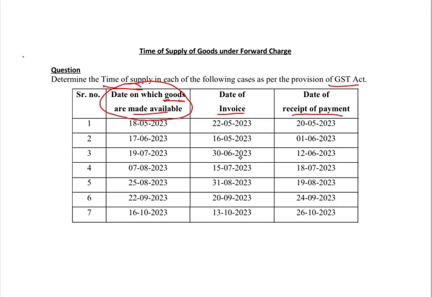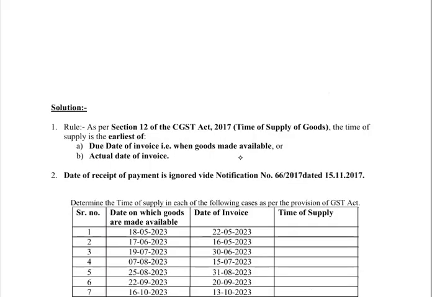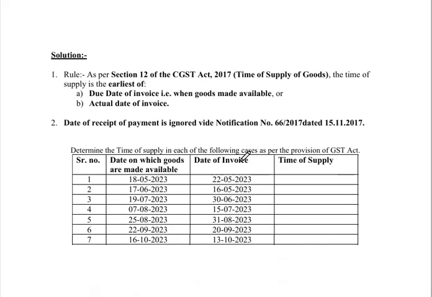So let us understand the rule, how to find out the time of supply in respect of goods. As per section 12 of the CGST Act 2017, the time of supply in respect of goods is the earliest of the following two things.